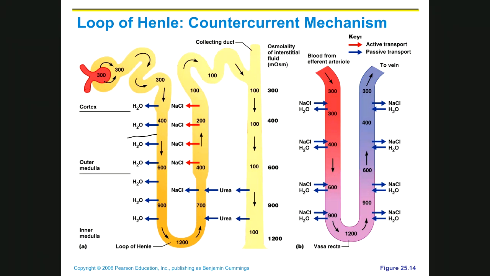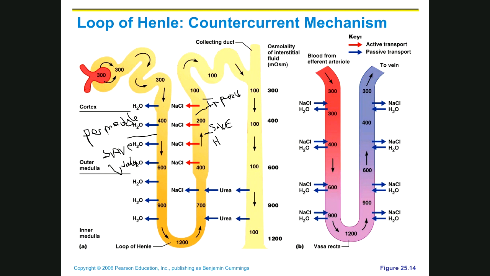Permeable. So, I'm going to automatically save water. The other side over here is impermeable to water, and so the water can't go back in, which means I'm going to save water because it can't go back in.